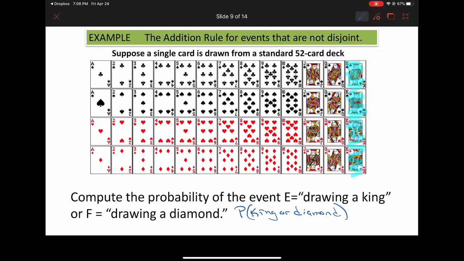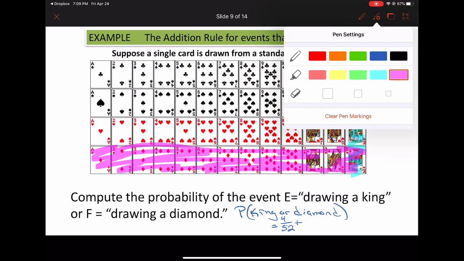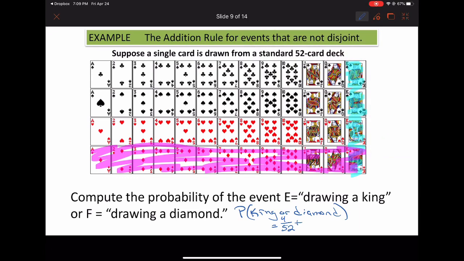This would be, we already had that as 1/13, but I'm going to do 4/52 just to keep that. And then let's take a look at my diamonds. These are all my diamonds right here. That's a really beautiful drawing, right? So my diamonds are 13/52 because there are 13 diamonds.